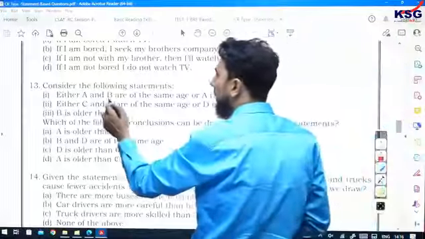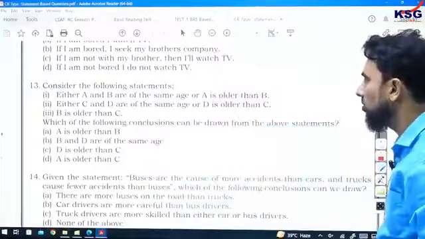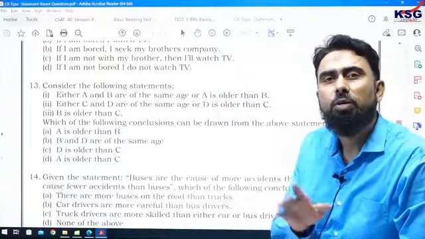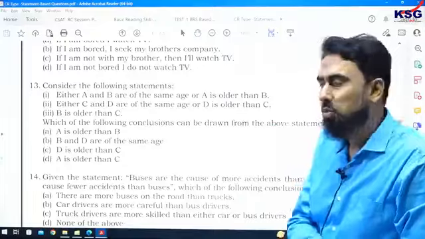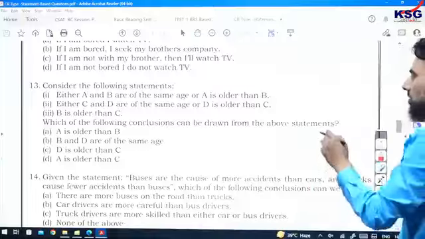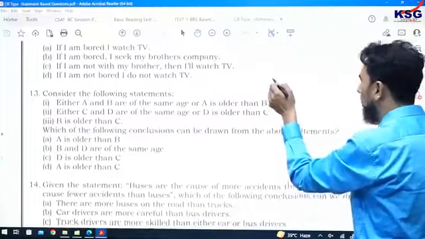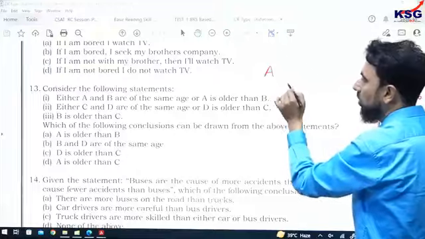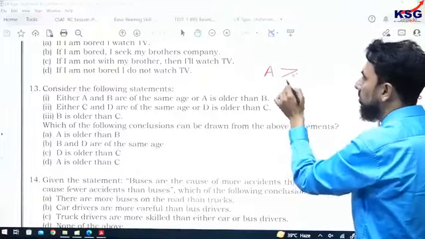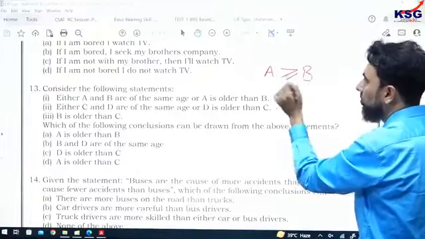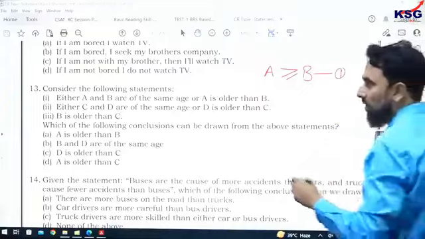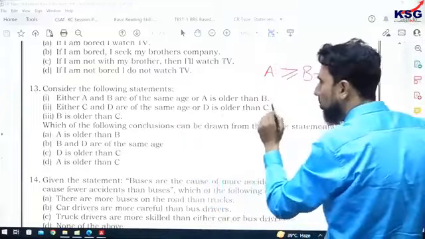It says either A and B are of the same age or A is older than B. Just by reading this statement, you may still miss out something crucial. So, a strong recommendation is that you must go for some kind of mathematical symbol. Either they are of same age or A is older. You get the equation. Either C and D are of the same age or D is older than C.